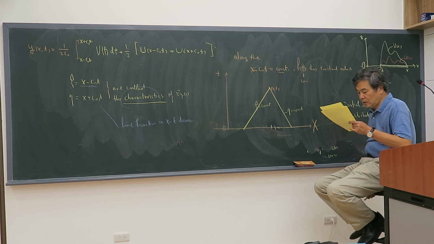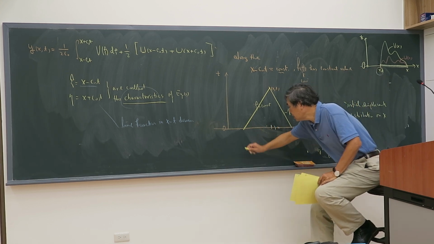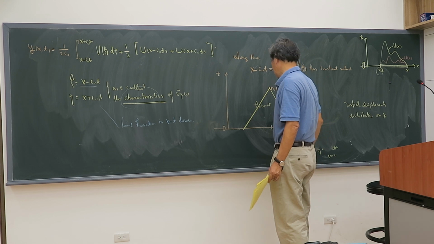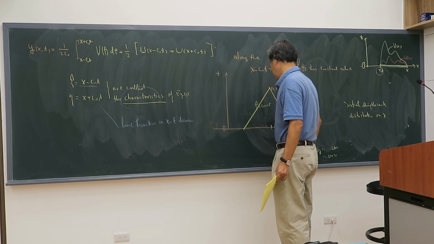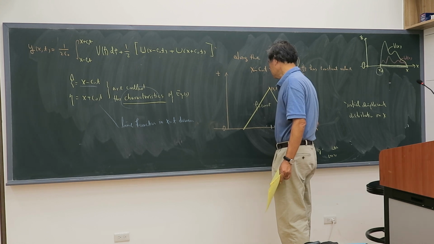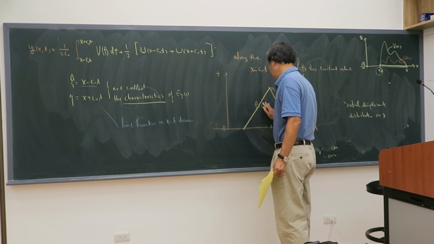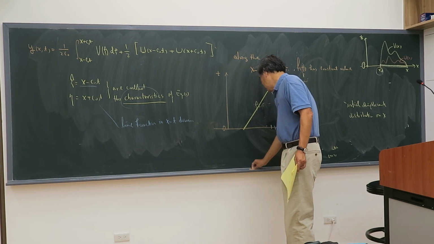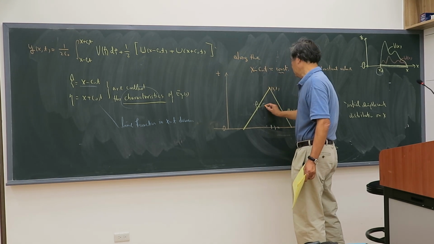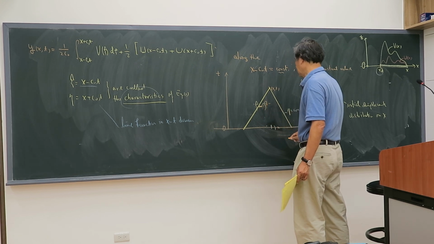Right? So this is, okay, a constant, for example, we call beta.